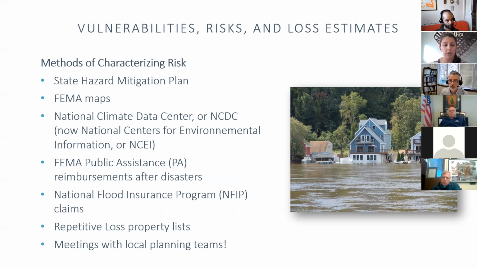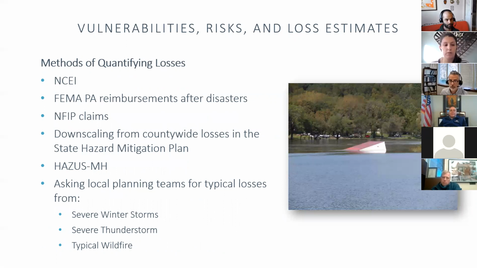But we also want to take a look at the quantitative. So what's at risk, what has been lost, what could potentially be lost. We use those same resources to give a number. It comes down to finances a lot of the time. So how do we quantify that? Again, we use the NCEI, FEMA PA reimbursements, NFIP claims. The State Hazard Mitigation Plan is also a great resource.